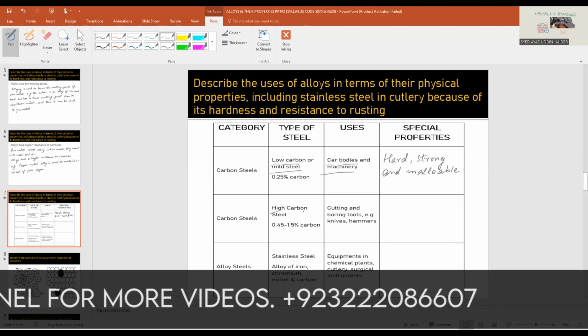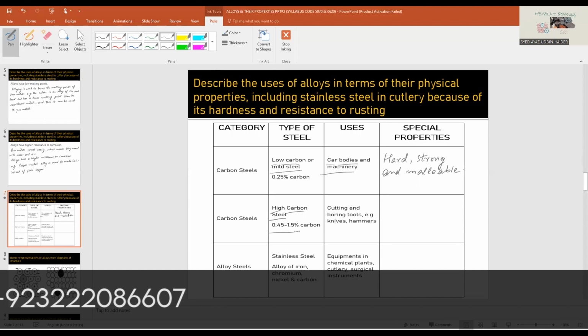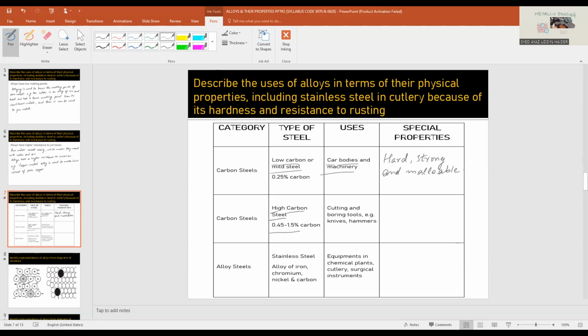Now, high carbon steel, which contains 0.45 to 1.5% carbon, is used in cutting and boring tools, for example, knives, hammers. This is due to the reason that high carbon steels are strong but brittle. More carbon atoms prevent sliding in high carbon steel.